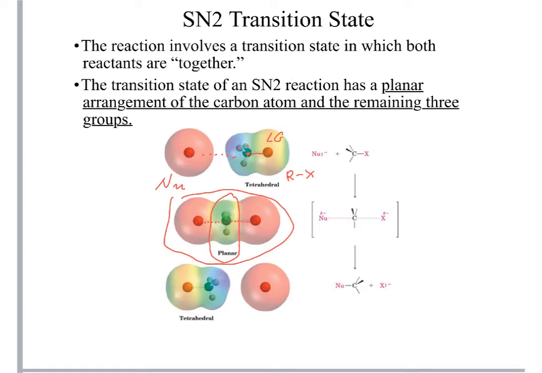So the carbon atom in the transition state has its 3 remaining groups, 1, 2, 3, in a trigonal planar arrangement. So essentially it is flat. It is planar at the carbon center.